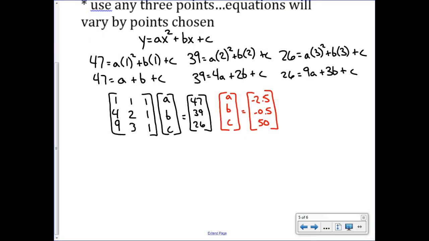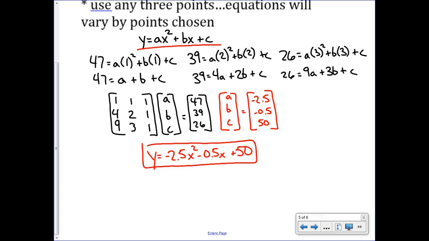So since that's my a, b, and c value, I'm going back up to this original equation, and I'm writing y equals negative 2.5 x squared minus 0.5 x plus 50. And that's what I get for my equation using those three values. If you picked a different set of three values, you would get something different.